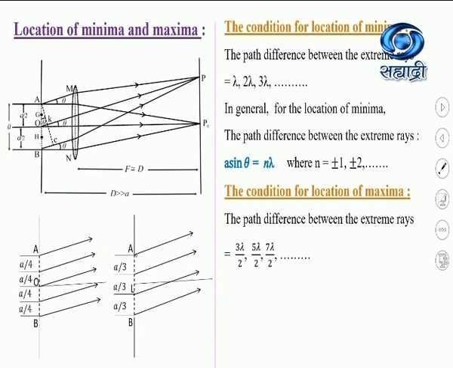And when we consider the different rays originated from different points of the slit, as the slit is divided into 5 equal parts, this 5 lambda by 2 also gets divided as, in the first part, lambda by 2, second part lambda, third part 3 lambda by 2, fourth part 2 lambda, and the fifth part is 5 lambda by 2. So again, for the first 4 parts, the waves interfere with each other and they produce destructive interference at the point on the screen.